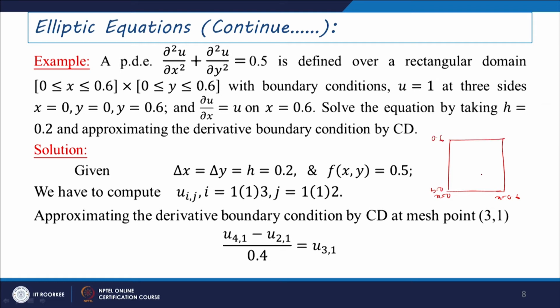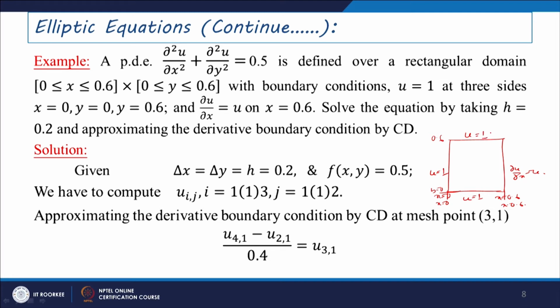So this is a closed domain, and the boundary conditions are written for 3 sides: x equals 0 and, at x equals 0.6, we have del u by del x equals u. And at y equals 0 we can consider u equals 1, and on this one u equals 1 and this one u equals 1 here.